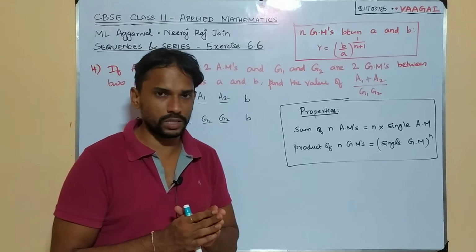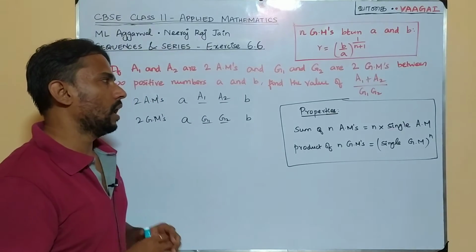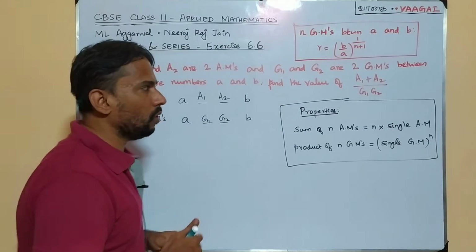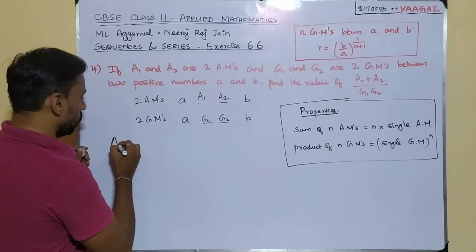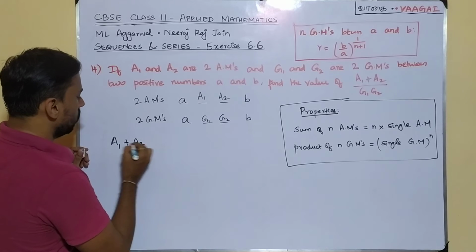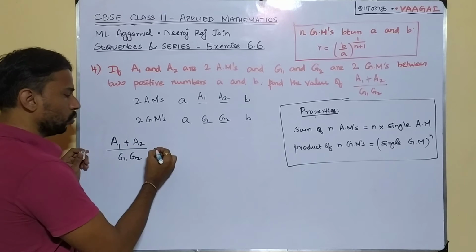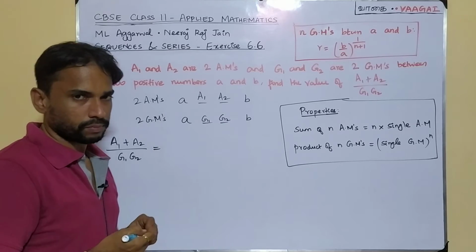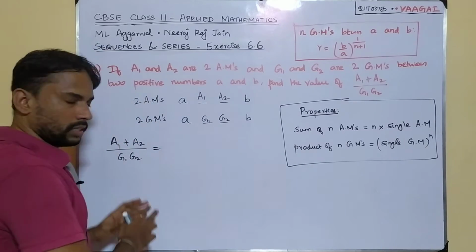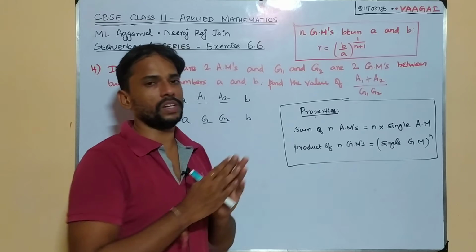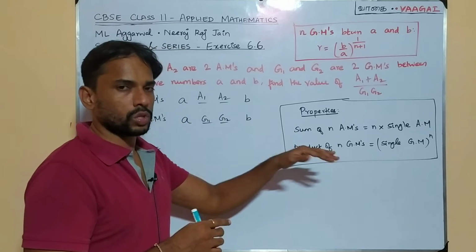We need to find the value of A1 plus A2 divided by G1 G2. We will hold this, and first see what properties we need to solve this problem.